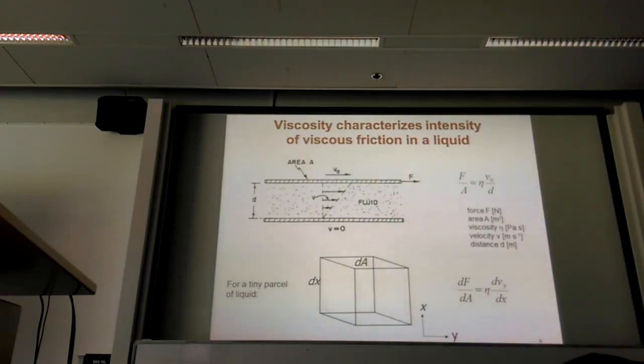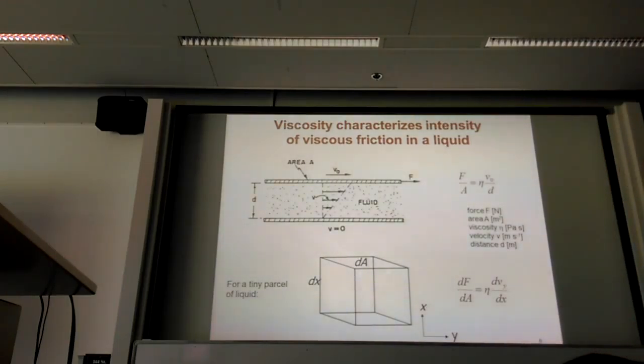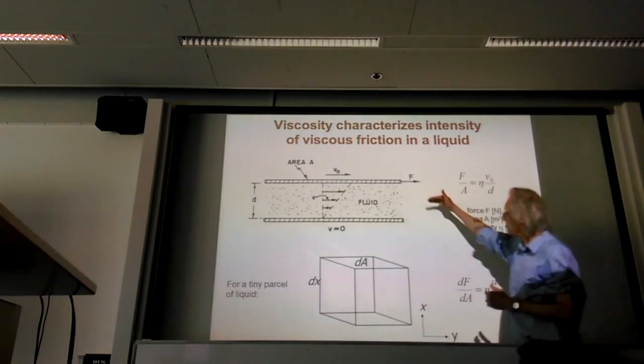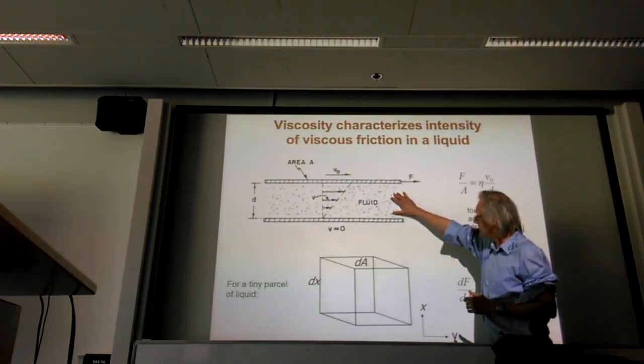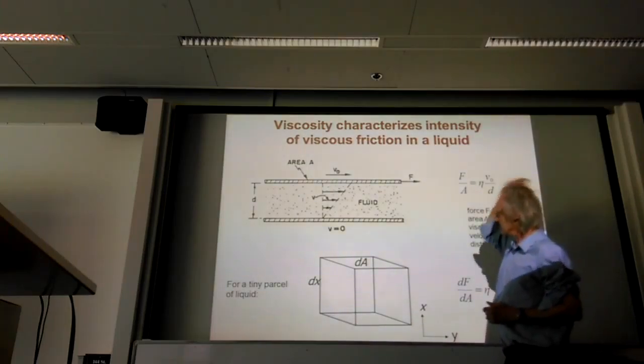Now, how do you characterize friction in liquids? People found out there's a concept which is very useful there, which is called viscosity. And viscosity characterizes the intensity of the viscous friction. So how do they determine the viscosity of a fluid? Well, they put it in between two plates, with a certain distance between the two plates.